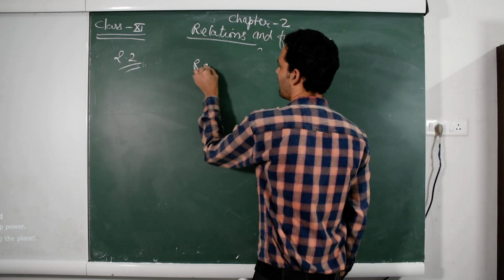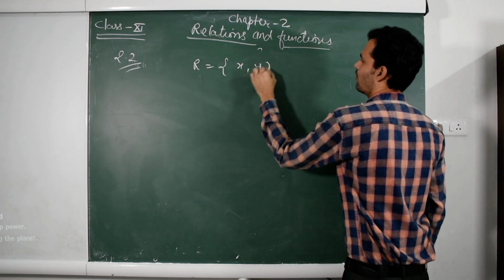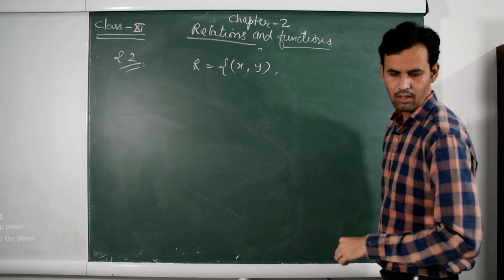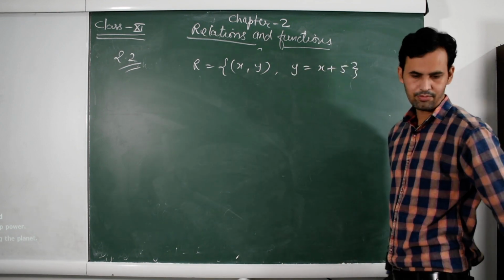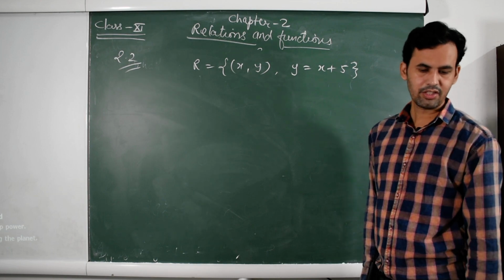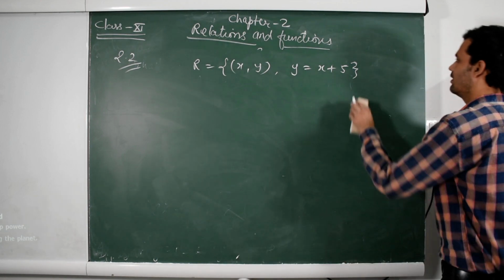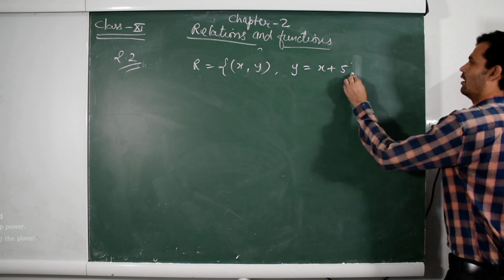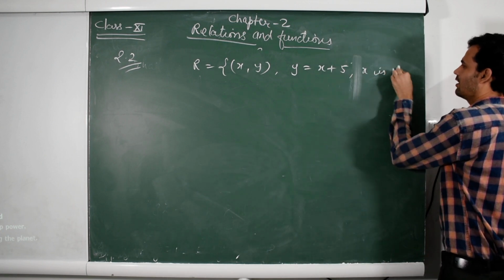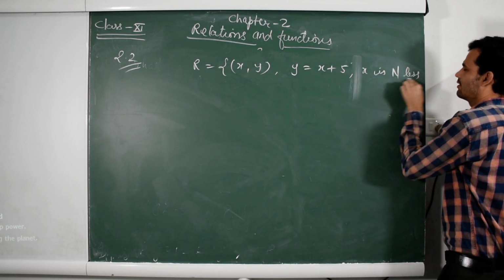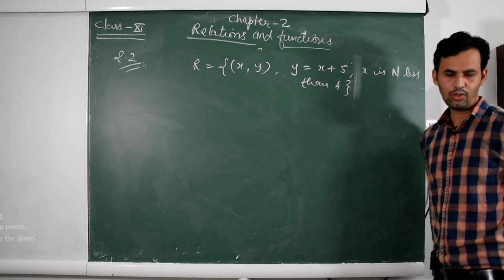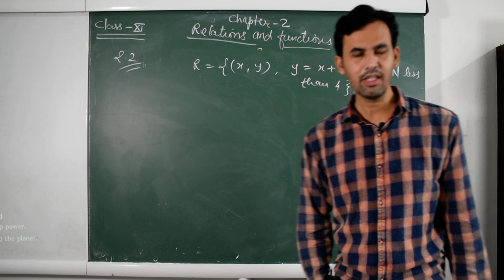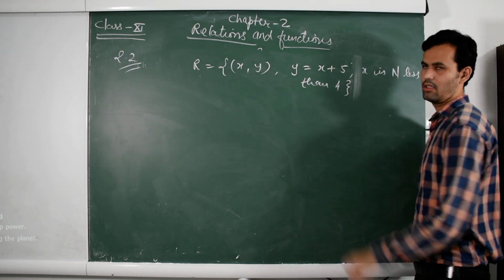The relation is given as R = {(x, y): y = x + 5}, where x is a natural number less than 4. We have to find the domain and range of this relation.